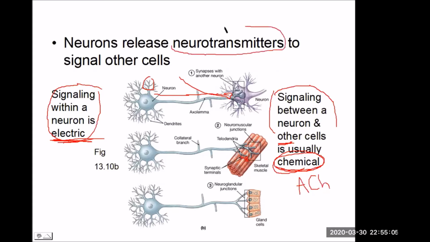So the way that we signal from a neuron to some other type of cell is by the release of a neurotransmitter. And one that we just studied from the muscle section, ACH, would be that perfect example. So from neuron to muscle, from neuron to neuron, from neuron to any other cell, it's usually a chemical neurotransmitter passing between cells.